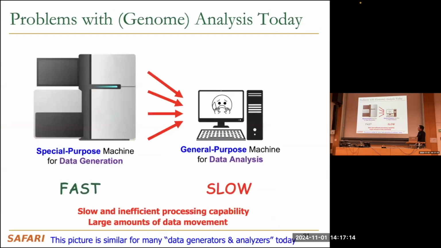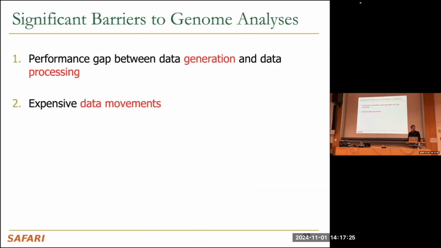And yes, so we showed this slide before. One big reason is there's a huge mismatch between the data generator and the machine that we're using to analyze this data. The other major issue that we're seeing is that data movements are expensive. That you probably already know from the previous lectures.